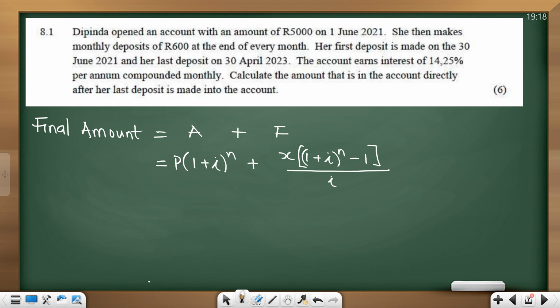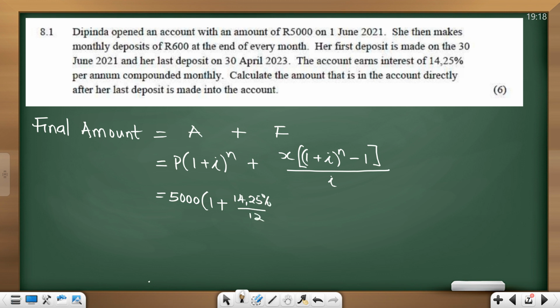Do we agree? Now, what is the P? 5,000, right? 1 plus, what's our interest? 14.25%. Compounded monthly. So what do we have?